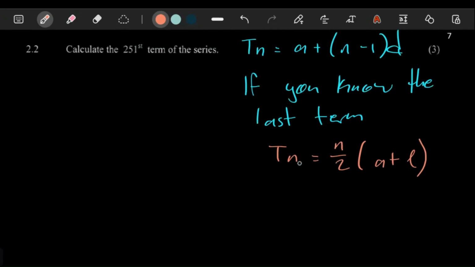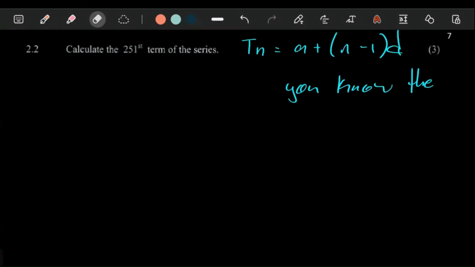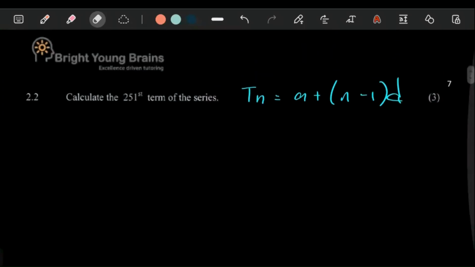No, this is wrong. This is if you're adding up. If you want to add up all the terms in the sequence, and you know what the last term is, you have a formula that you are able to use, depending on the information that they have given you.